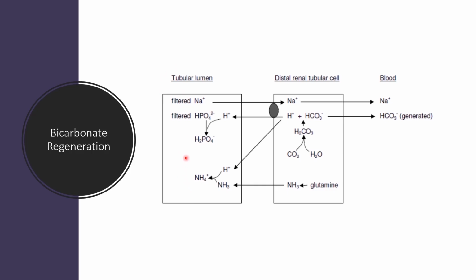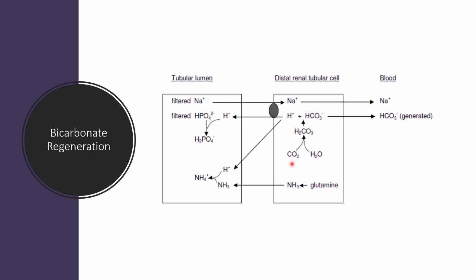At that point, when there is no bicarbonate to be reabsorbed, the kidney now goes a step further to generate bicarbonate on its own. And what happens is that at the renal tubular level, due to the production of carbon dioxide from renal tubular cell respiration, usually when cells breathe, they produce carbon dioxide.